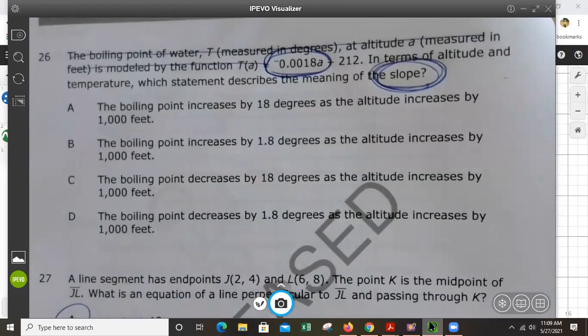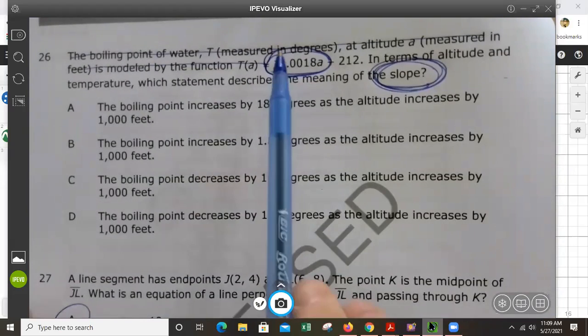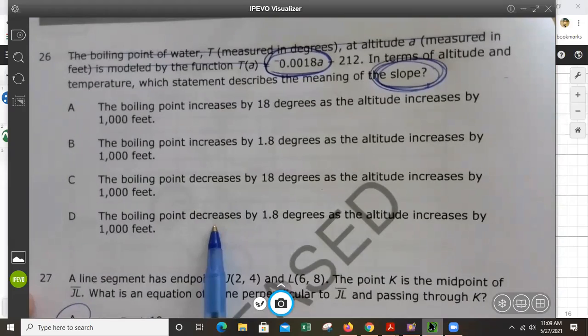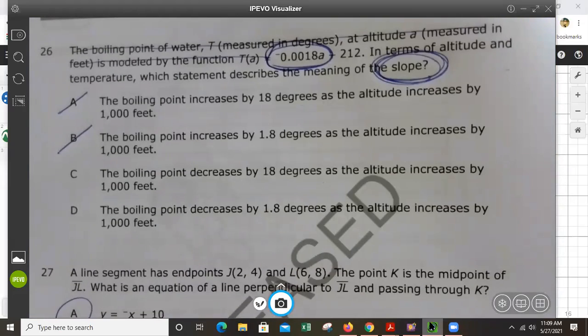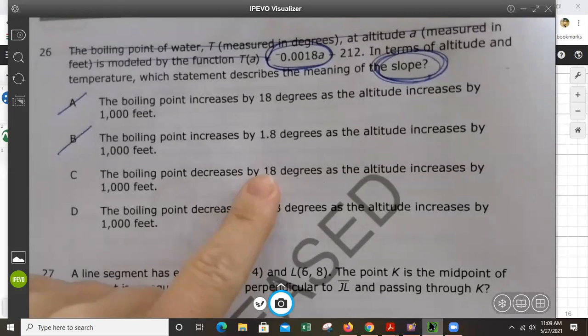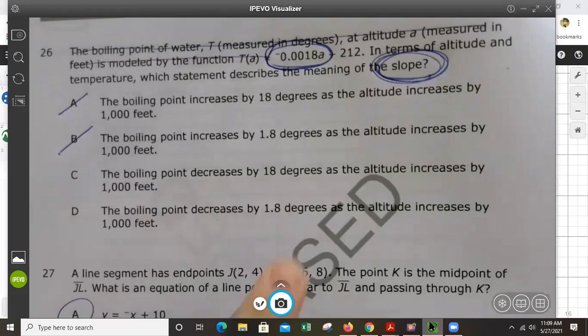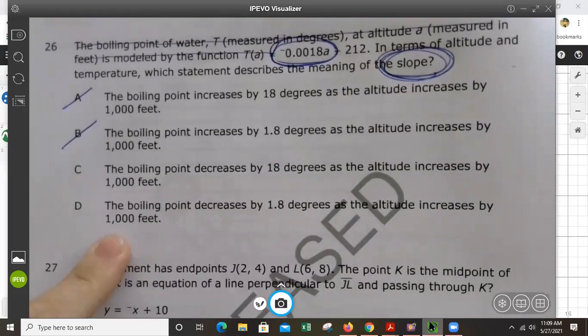Is everybody good? All right. So does that mean it increases or decreases? Decreases because it's negative. So we've already got 50% eliminated. So now the question is it 18 and 1,000 or is it 1.8 and 1,000?